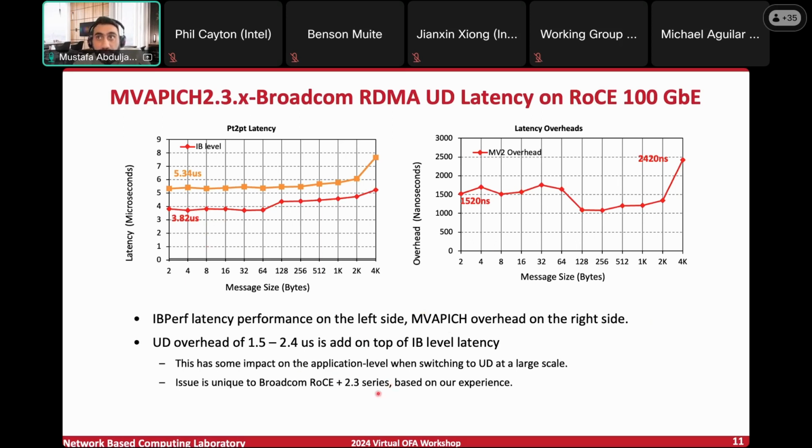So this might have some impact for applications, especially at a large scale when we run out of QPs. We've only observed this issue on the Broadcom RoCE for the particular 2.3.7 series. And I will show later that this issue is not there with the 3.0 series.